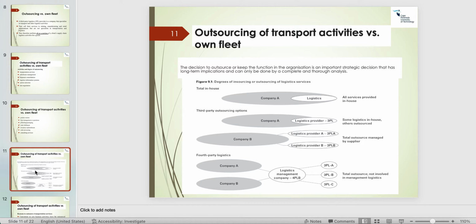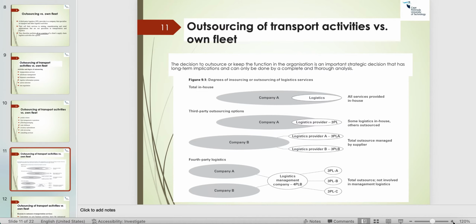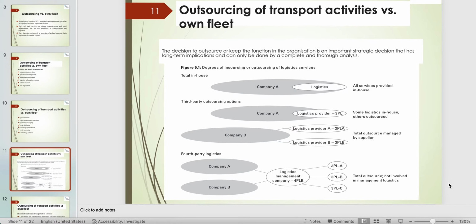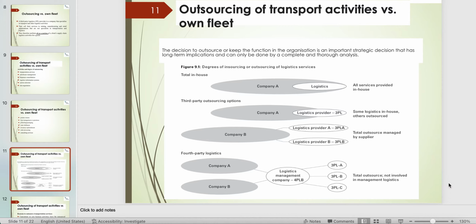So this figure here is showing different degrees of outsourcing in transportation. If a company has its own in-house services, as you can see in company A, they have just logistics involved, which is in-house.